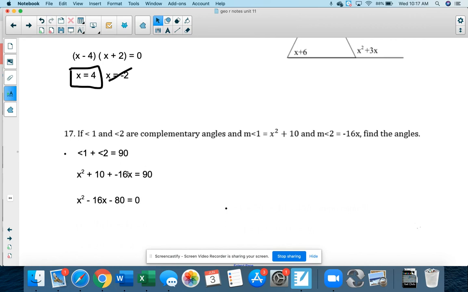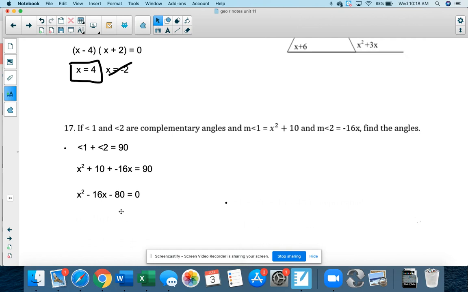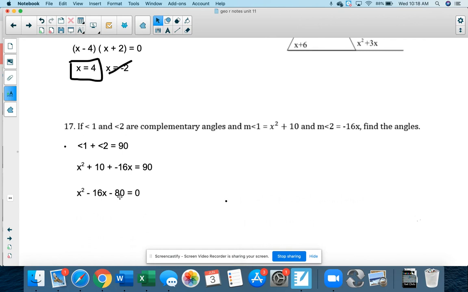Okay, so that's going to give me x squared minus 16x minus 80. So standard form is to write this 16x second, and then I subtracted 90. 10 minus 90 is negative 80. Now I'm trying to find the factors that multiply to 80 and that add up to negative 16. So the numbers that multiply to 80 are 20 and 4, and I want them to equal negative 16.